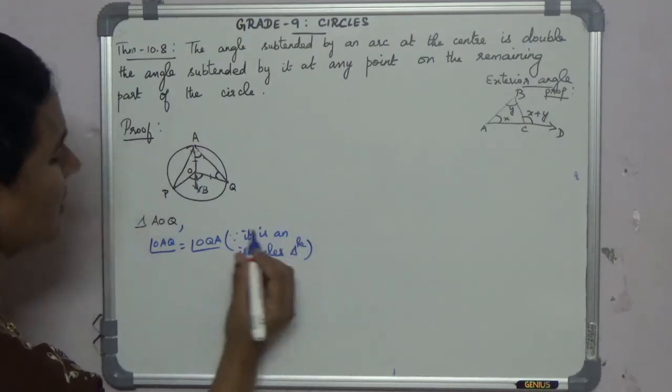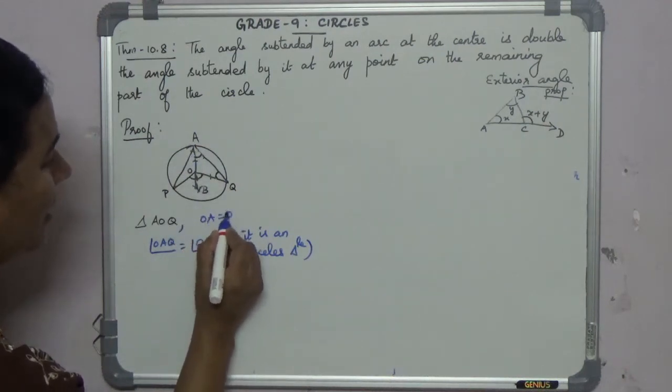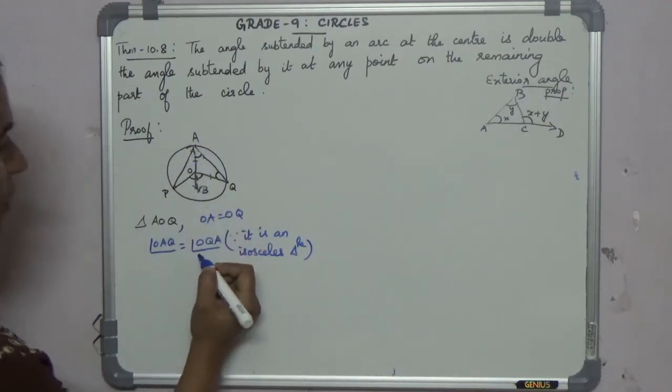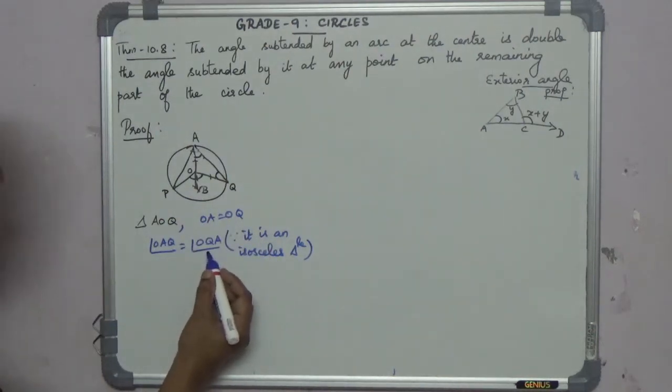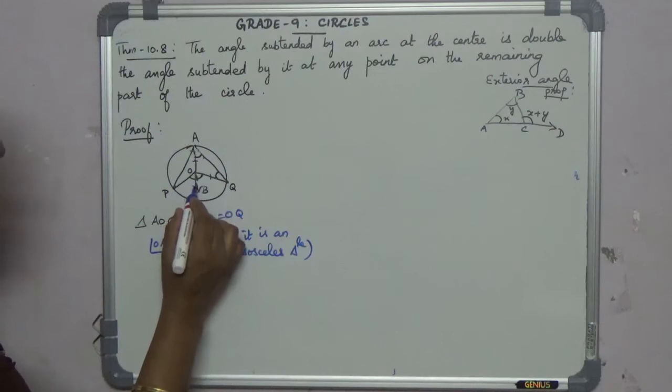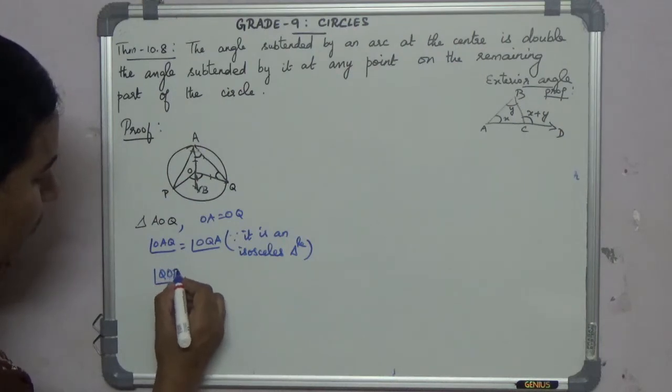How do we call this an isosceles triangle? OA and OQ are radius and they are equal. This is the reason why we call this an isosceles triangle. So these two angles are equal. So what happens to angle QOB? Angle QOB or BOQ, both are same.